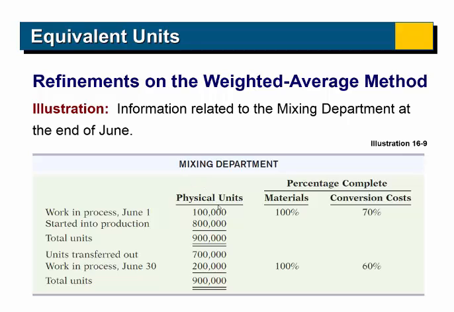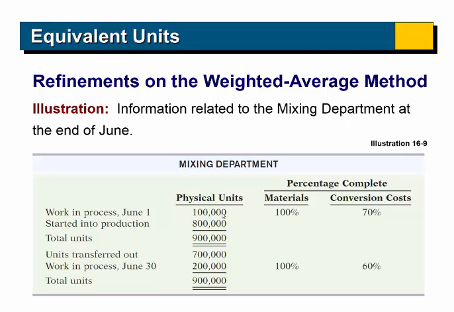Regarding physical units, these are actual quantities or physical pieces of waffle, okay? This is not the equivalent units. This is actual physical quantity units. All right, so we've got work in process June 1, 100,000 waffles. Where did this work in process 100,000 waffles come from?